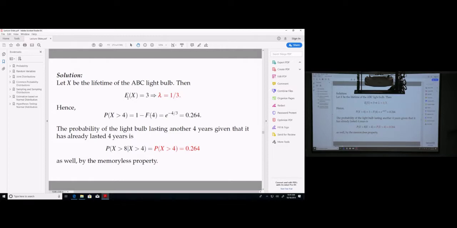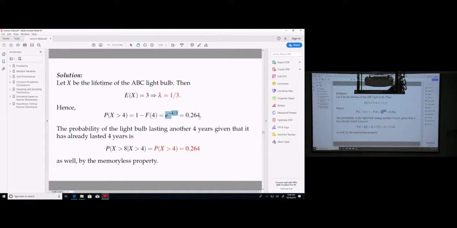So the expectation of X is equal to 3. So the lambda that you have to fit in is 1/3. And so if you remember, the probability of X bigger than small x is e to the power minus lambda x. So you can just get it here right away, and it will work out to be 26.4%.